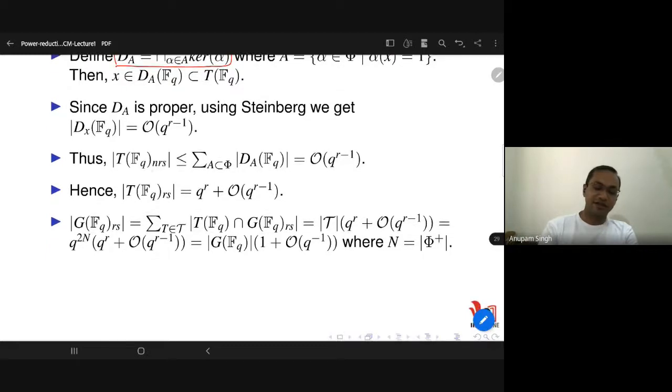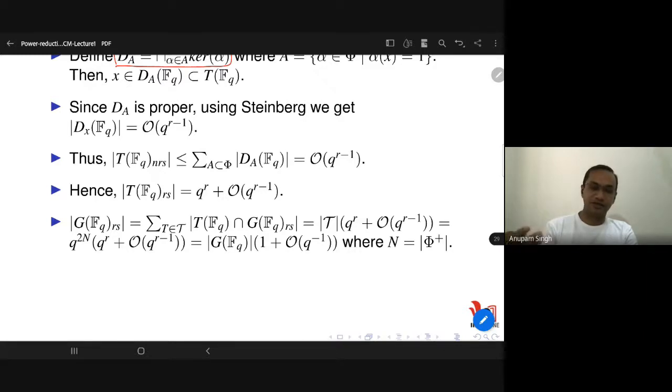That will say that to estimate T(F_q)^nrs, I can take the union of some or all D_A(F_q). But the root system phi is finite, so there are only finitely many subsets A. That finiteness is independent of q, so it will not contribute to any power of q. Hence it remains of the order q to the power r minus 1.